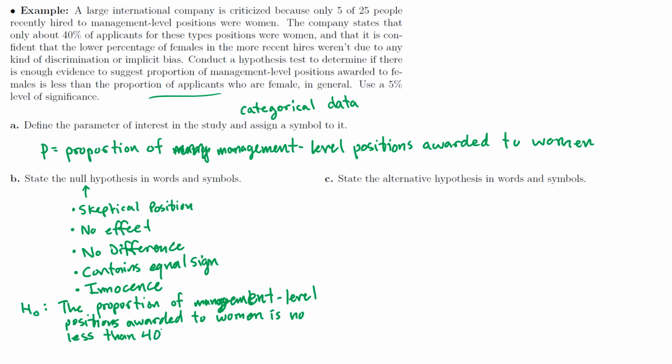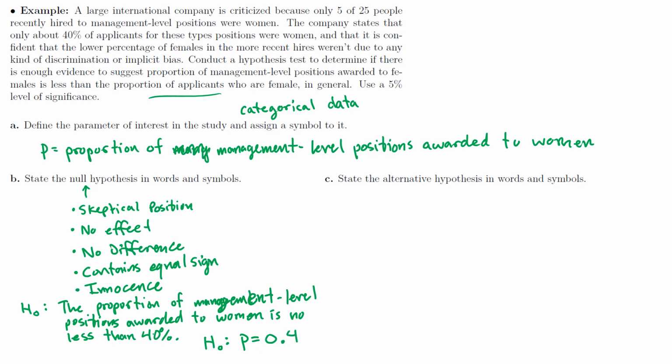Right? So 40% of applicants are women. We're saying, okay, we don't think that in general they're hiring any less than that proportion. And so in symbols, that would just be 0.4.